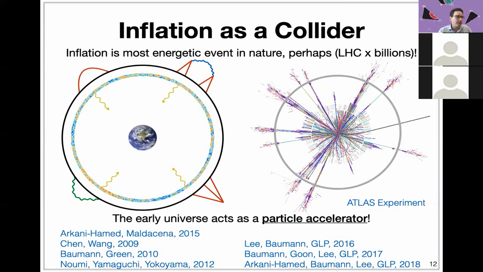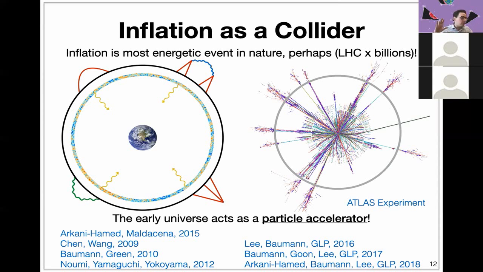In the past few years, especially the past 6 years or so, we have a new picture of what inflation is, a qualitatively new way of thinking about inflation. You can think of inflation really as a collider experiment run at extremely high energy. Inflation happens at a certain energy scale.